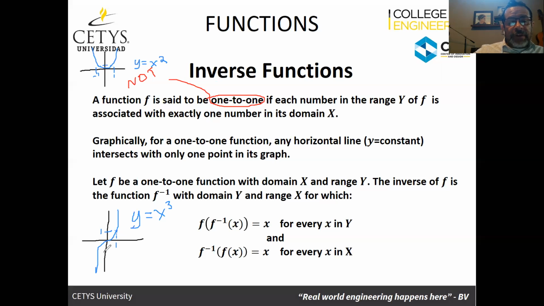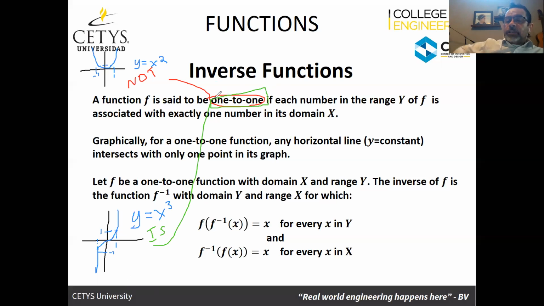If I take any other value of y, for example -1, there's only going to be one value of x that corresponds. That's what makes a one-to-one function. So y equals x to the 3 is a one-to-one function.